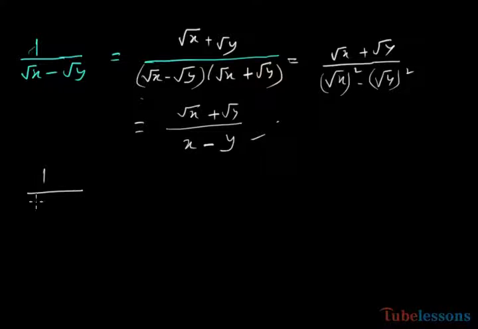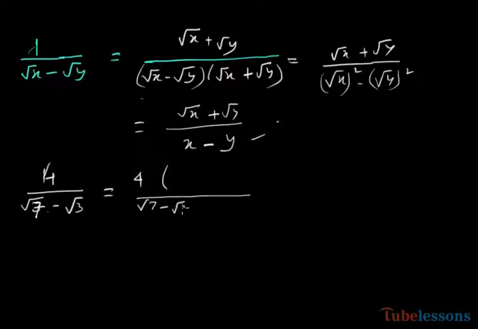Let us see an example. 4 by root 7 minus root 3. Now the conjugate is root 7 plus root 3. So we multiply numerator and denominator by root 7 plus root 3.